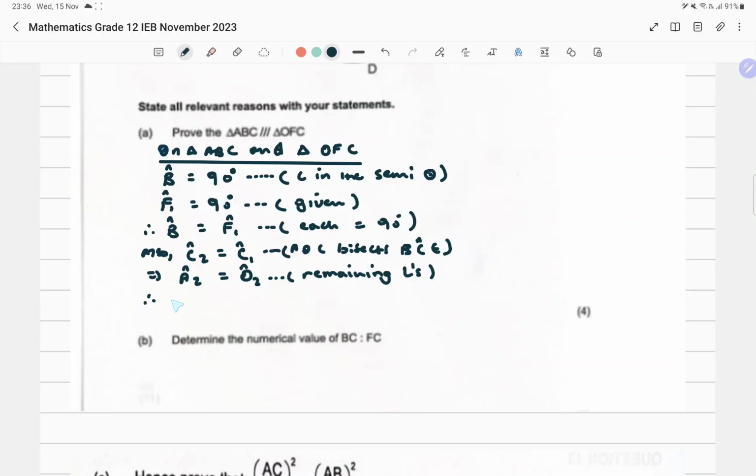Therefore, we can safely say ABC is similar to triangle OFC because they are equiangular. Don't forget that reason, it's important. Without that reason, that statement is incomplete. Just think of this as how everything is connected together, its reasons, as you would in algebra when you're performing BODMAS, the order of operations.